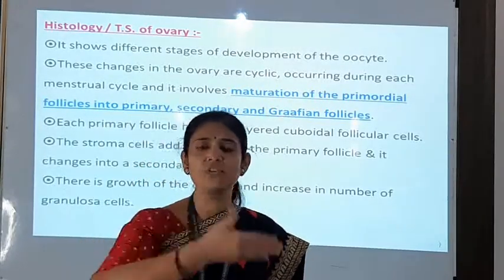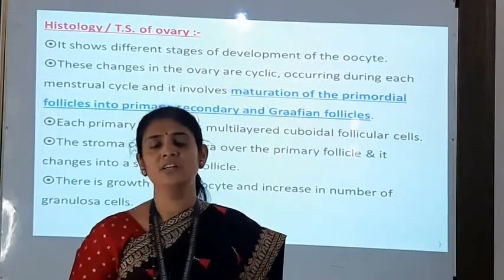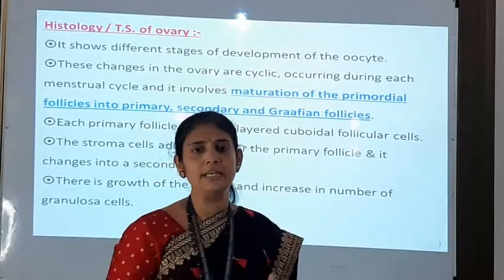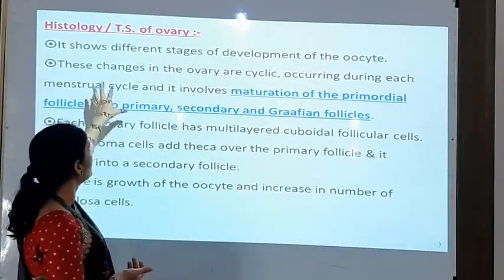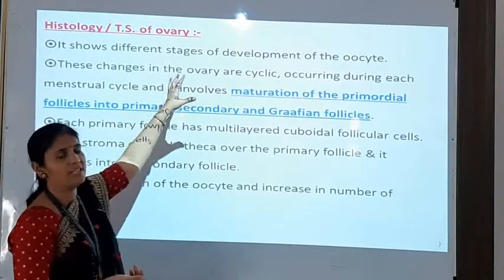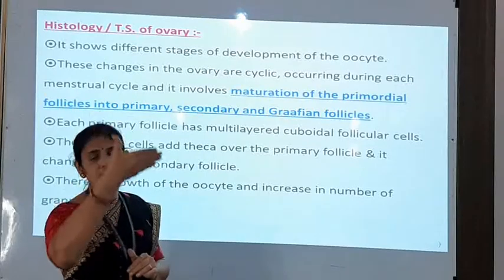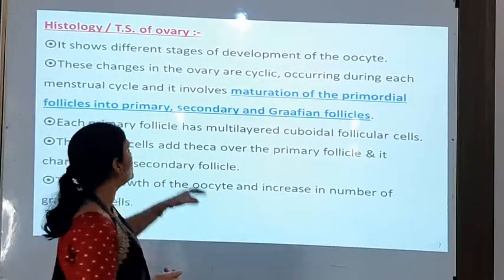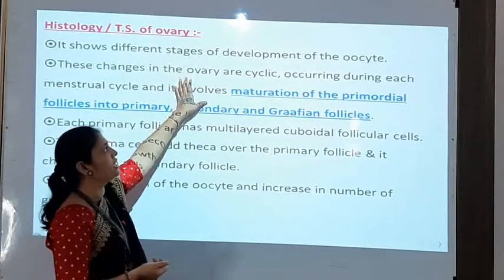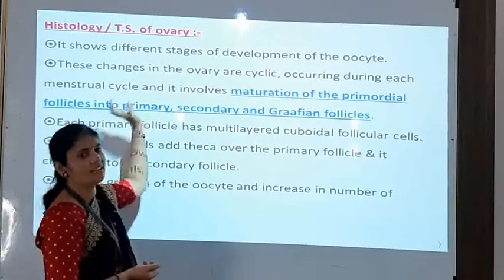When we take a transverse section of the ovary, the points we observe are what we have to study in this histology. Different developmental stages are observed in this TS of ovary. These changes in the ovary are cyclic and occur during each menstrual cycle.